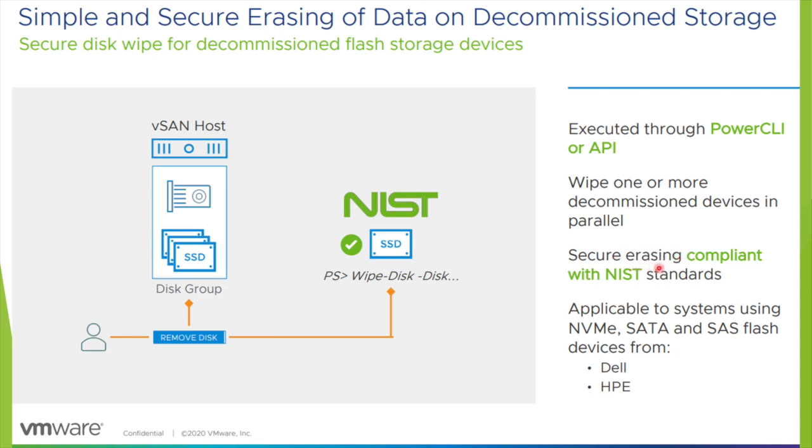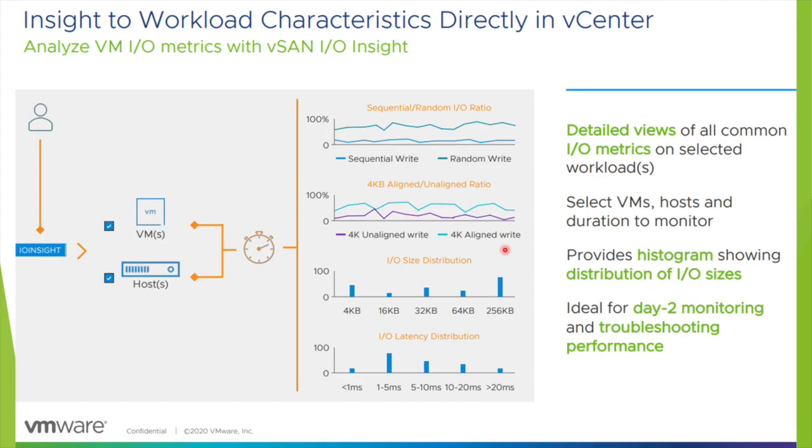Secure erasing is compliant with the NIST standards, which is why it is mentioned here, and it has this green tick. Applicable to systems using NVMe, SATA, SAS, Flash. So pretty much everything. Devices from Dell, HPE, everything. Cool, which is an amazing feature.